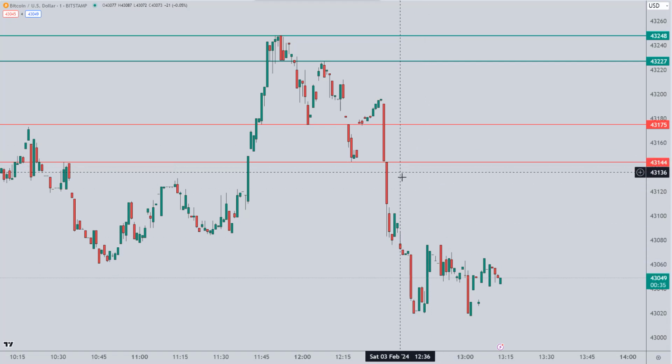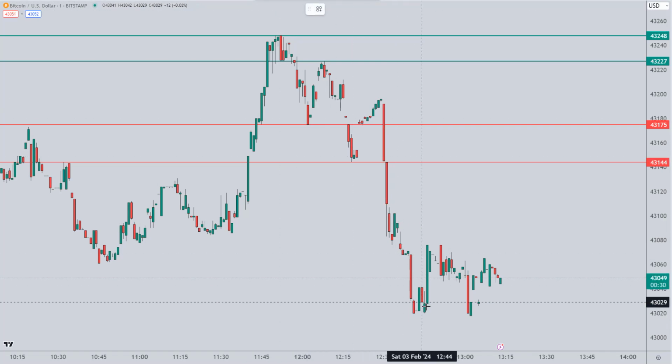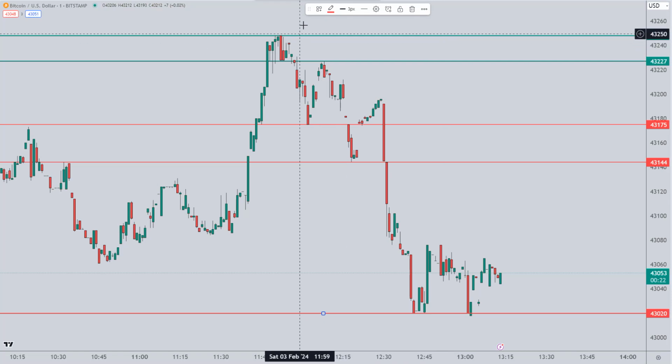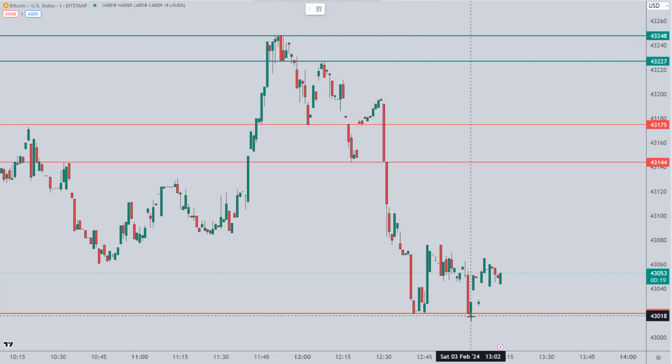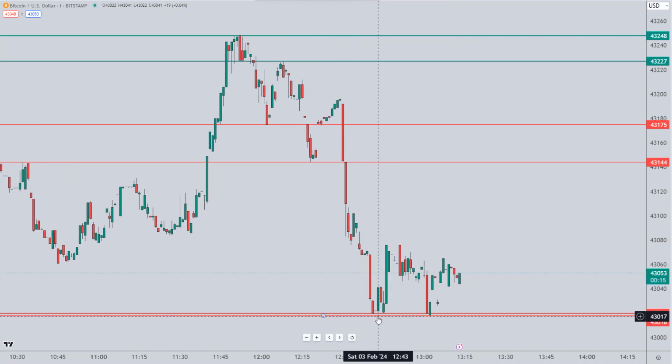Okay, so we move way down here, and then this is very much major support. So let's make it thicker right there. And then we see that we got a slightly lower bottom right there. So we could actually create, in this case, a very small support zone. It's not much more than an actual singular price level at this point.